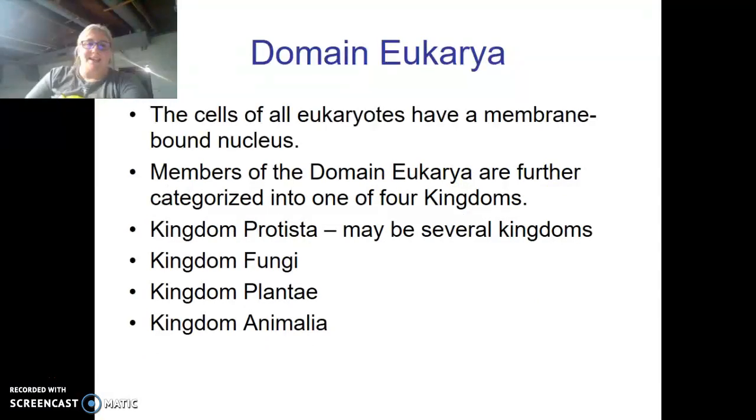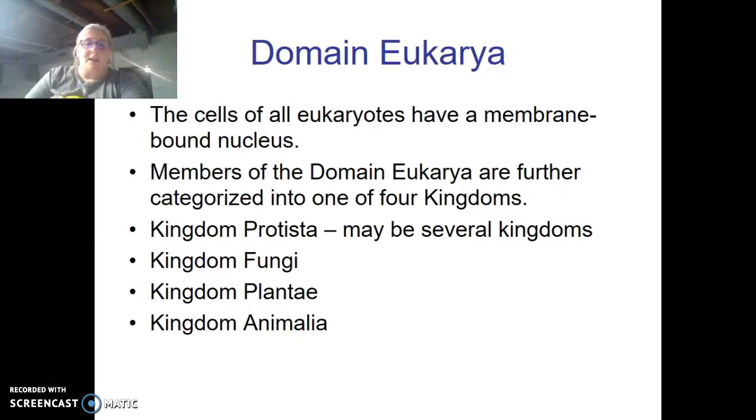The last domain is called domain Eukarya. These contain all of our eukaryotic organisms, and a eukaryote has a nucleus. The prefix means true, and karyote means nucleus, so they have a membrane-bound nucleus.